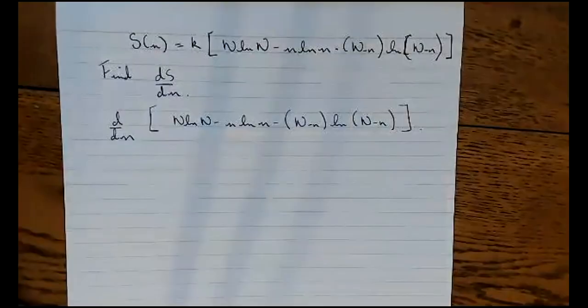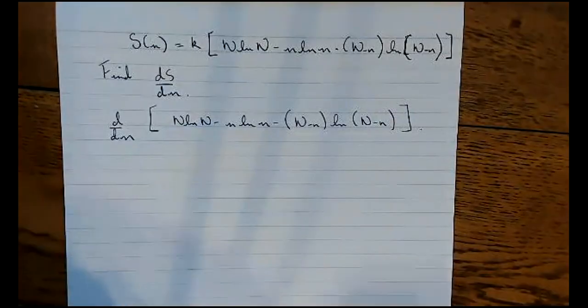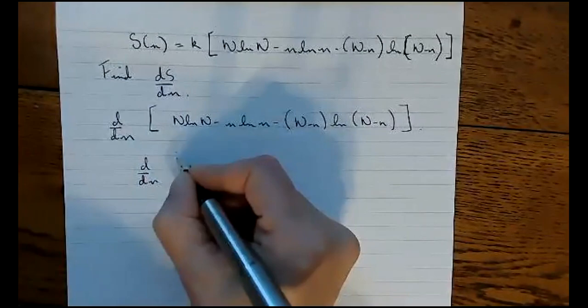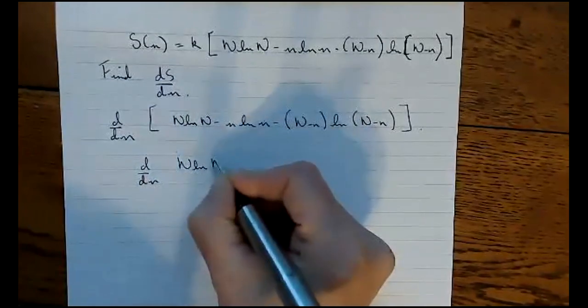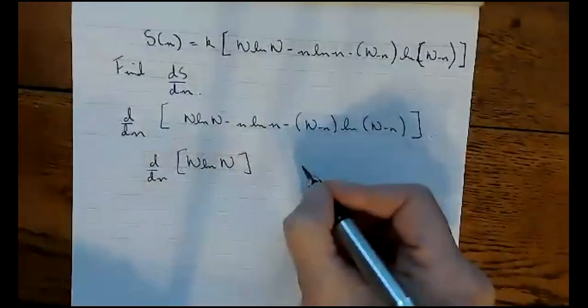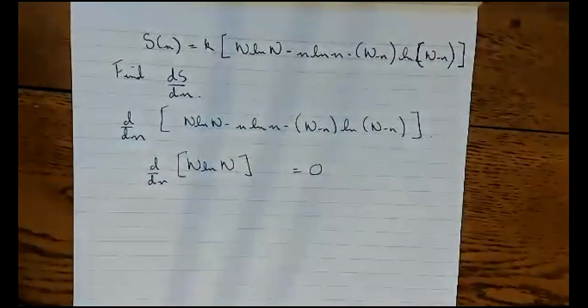Okay, so that's what we want to evaluate. So let's try it term by term. So d by dn of N ln N, well, that's 0, so we can get rid of that one.